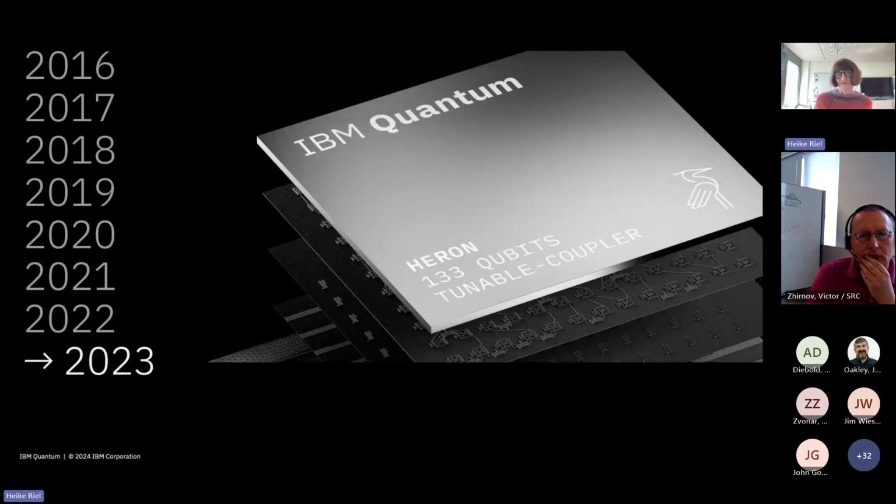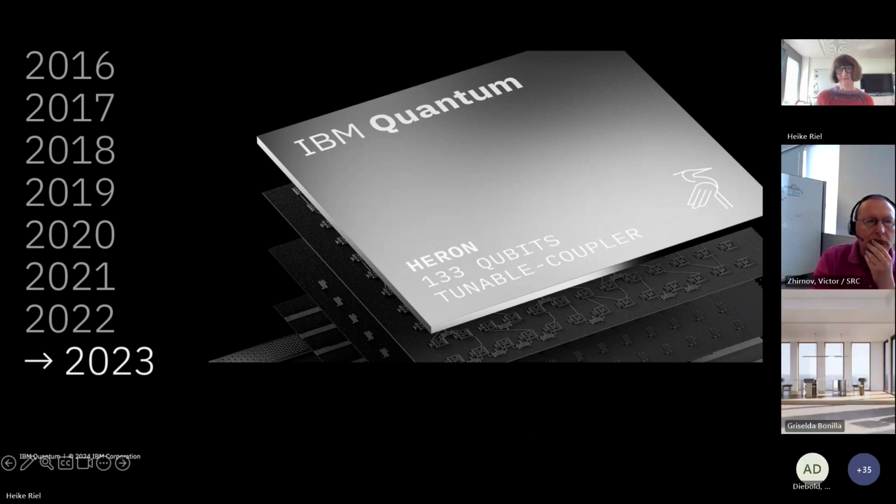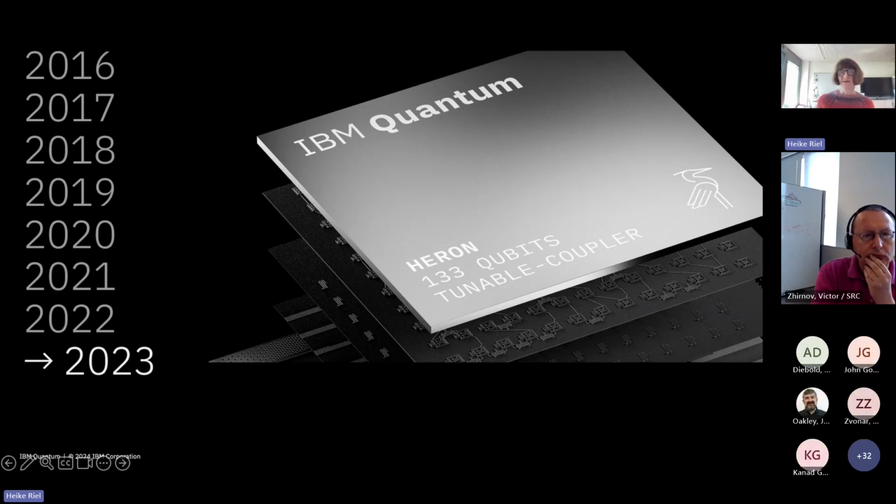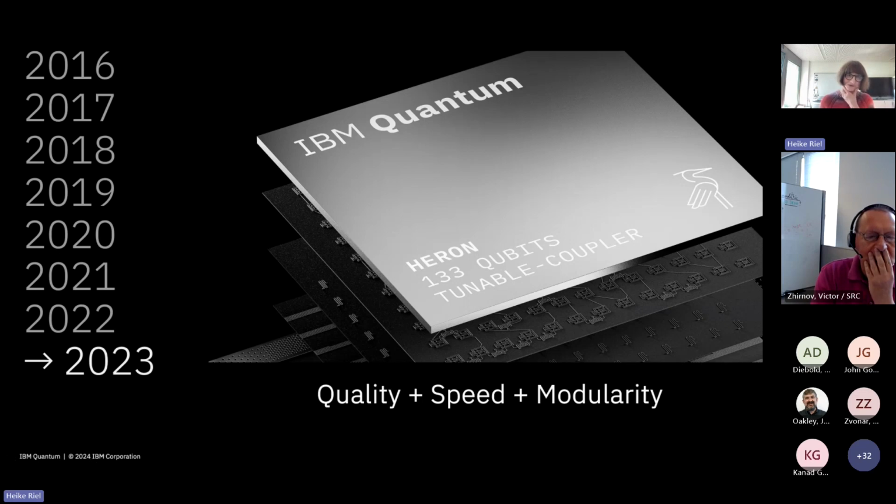From this learning, there is also a new processor called Heron, and the new addition here is that these are tunable couplers. I don't want to go into full detail, but I will show you a chart in a few minutes where you see what the advantage is.